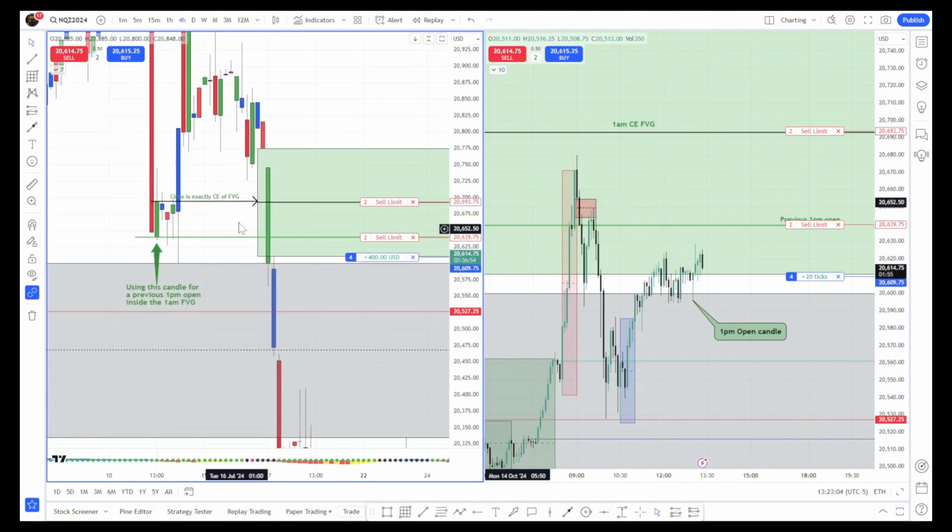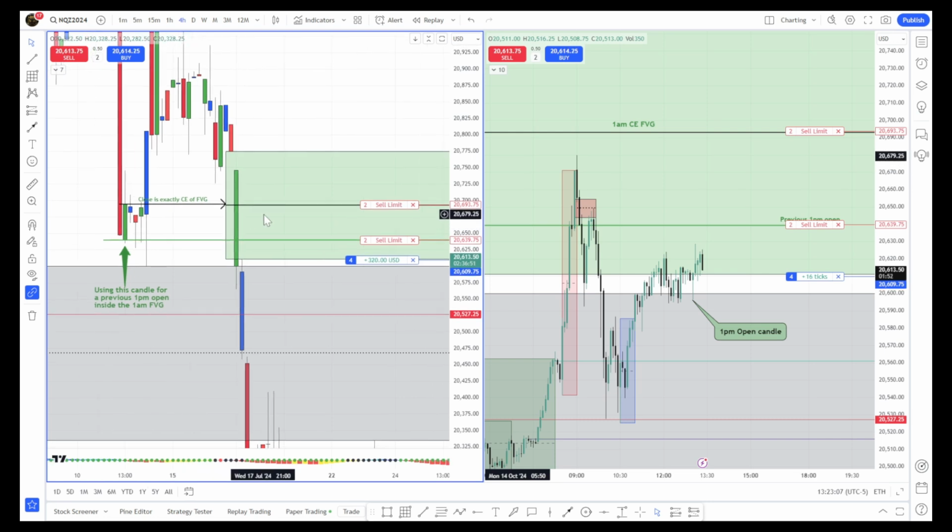What I would like to see is price get up into this CE of this 1 a.m. fair value gap. Again, which is also the close of this candle. This open, as it was sensitive to price prior, it's possible that it could be sensitive again, but in the opposite direction.